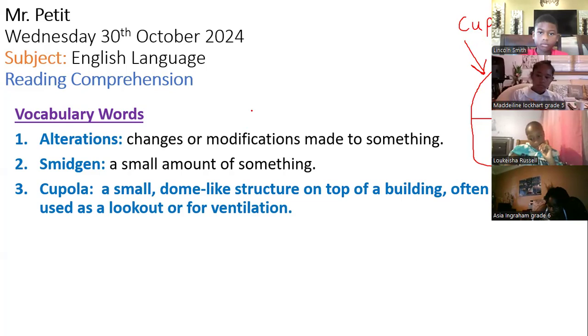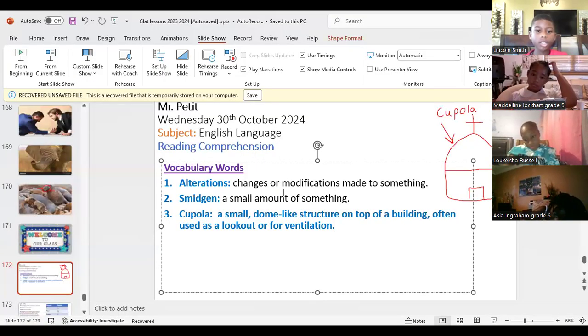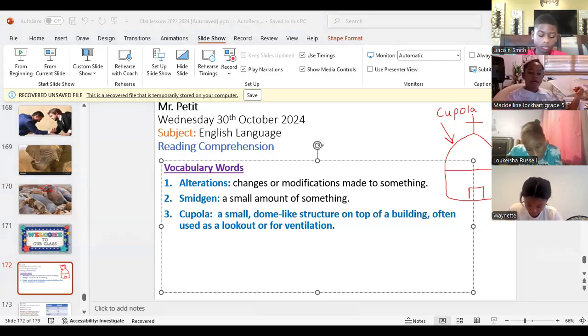Lincoln, can you read the definition of cupola? A small dome-like structure on top of a building, often used as a lookout or for ventilation. Very good. Cupola. And Madeline, can you read the definition of smidgen? A small amount of something.